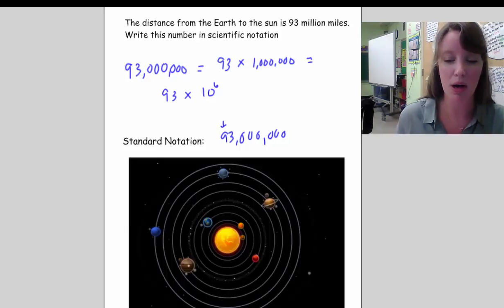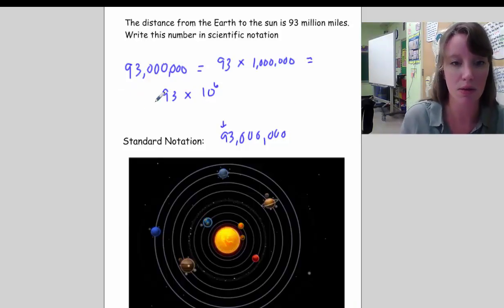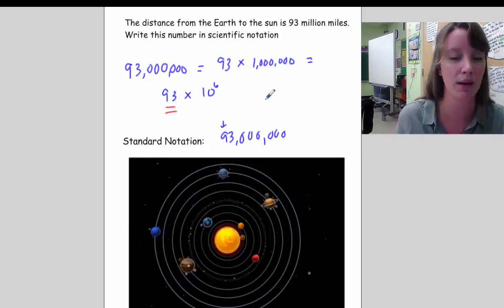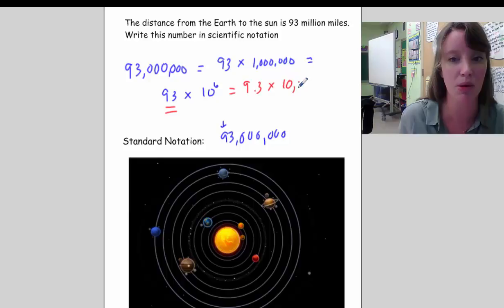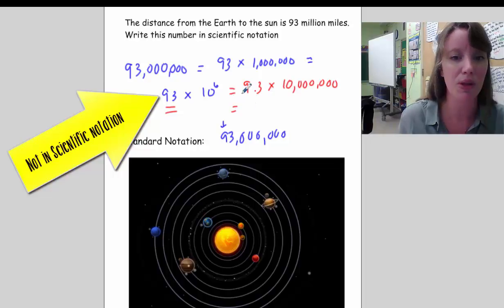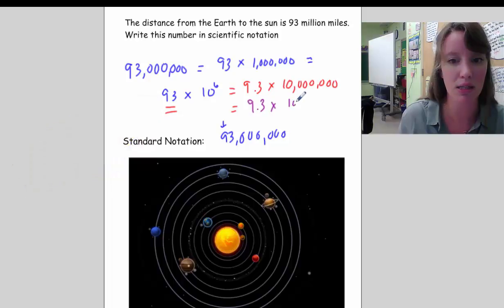Except remember, this number is not in scientific notation because our coefficient has to be between 1 and 10. So instead of writing it as 93 millions, let's write it as 9.3 ten millions. So it's 9.3 times 10 million. I'm using equal signs because they're all equal to each other, but this number finally is in scientific notation. It's 9.3 times 10 to the 7th power.